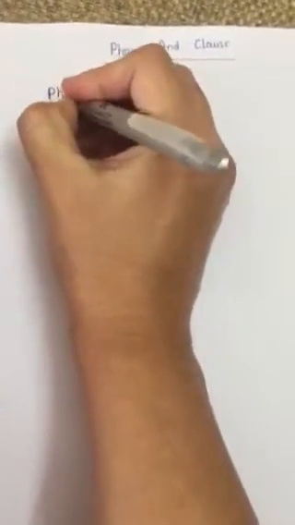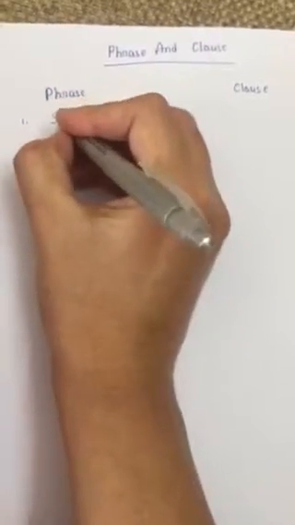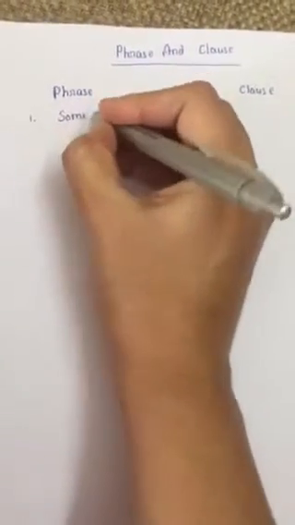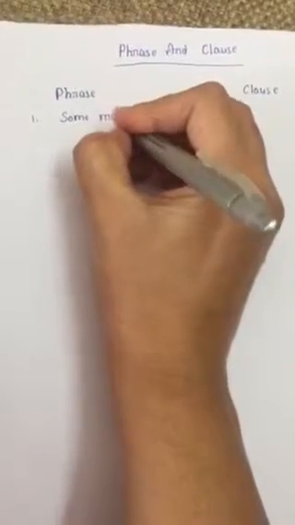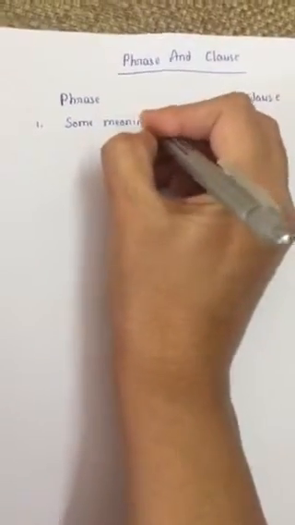So I'll write two points mainly. This side I'm writing phrase and this side clause. Both are groups of words. In a phrase you get some meaning. It's not that a phrase does not give you meaning.